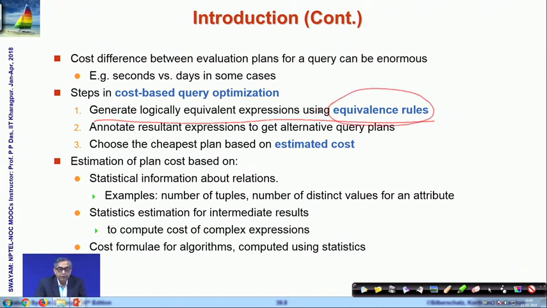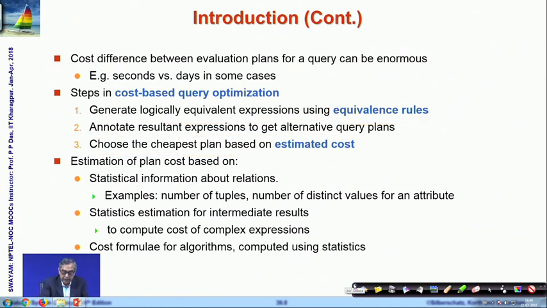So that any one of these equivalent query expressions can be executed, and we annotate the resultant expressions to get different query plans, or evaluation plans. Then we put cost estimates based on the cost structure that we had used in the earlier module, and from these alternate evaluation plans we choose the one that has the least estimated cost.